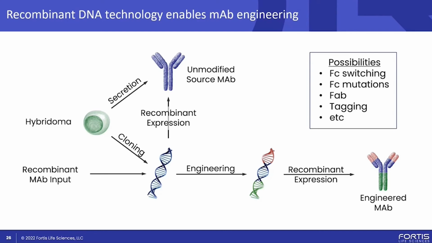However, if you clone the antibody from that hybridoma or from some other recombinant antibody input, you have a piece of DNA that encodes either your heavy chain or your light chain. And now you can apply recombinant DNA technology and modify that DNA in whatever way is needed in order to meet the end goal and arrive at a recombinant engineered antibody.